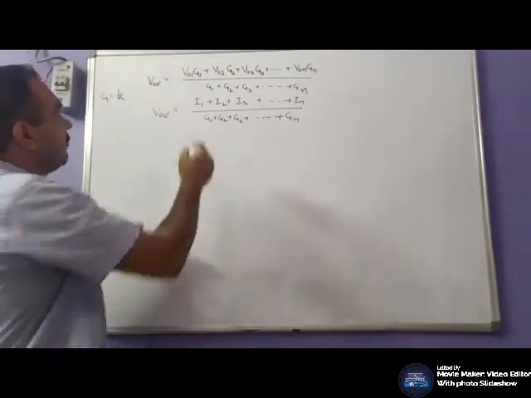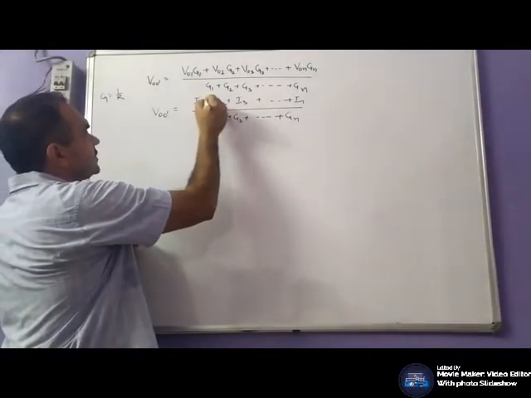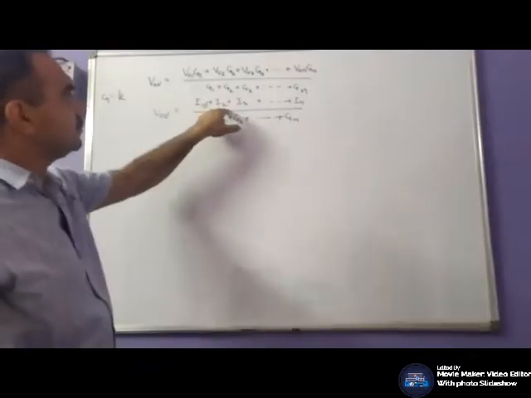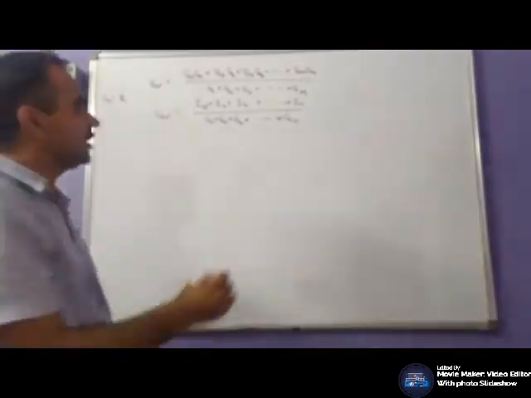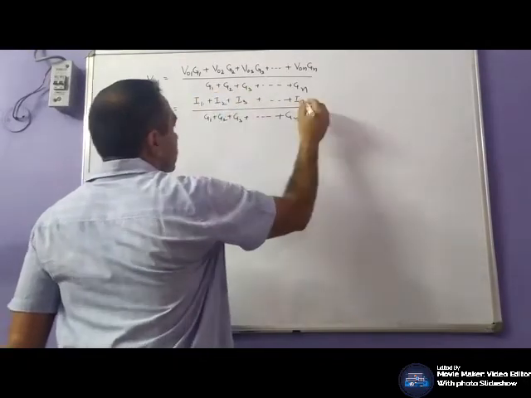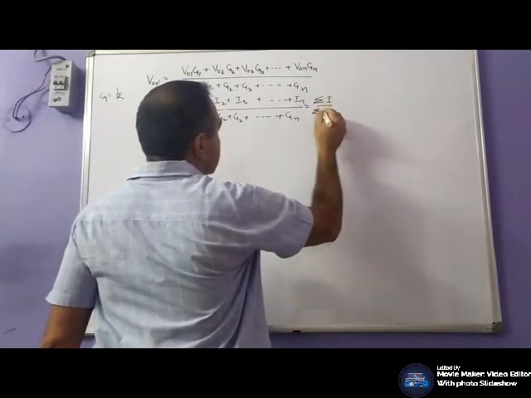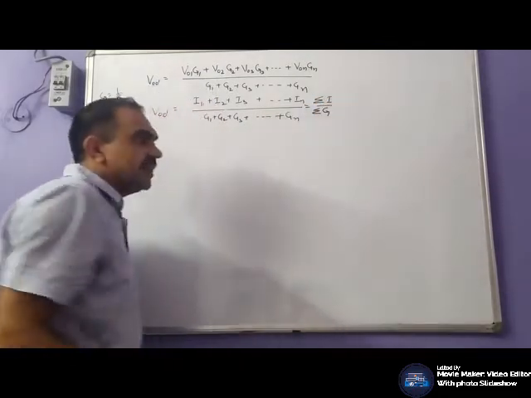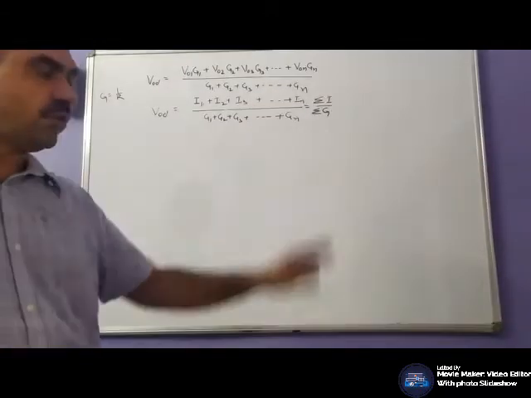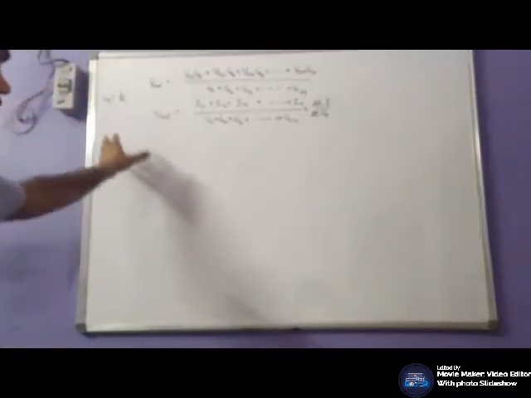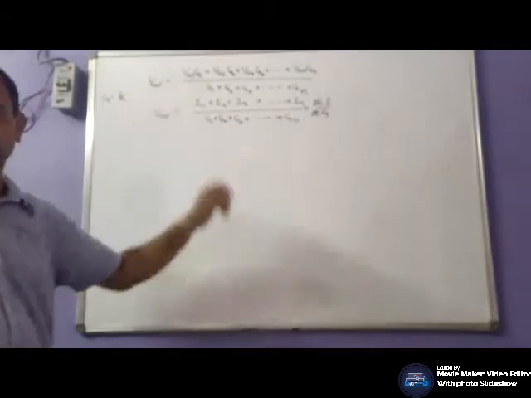Or we have mentioned I10 dash, I20 dash, I30 dash, that is the algebraic sum of currents to the sum of conductances, which is the open circuit voltage.